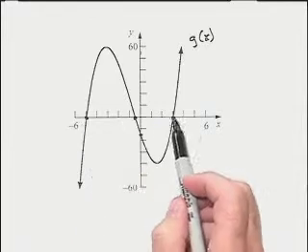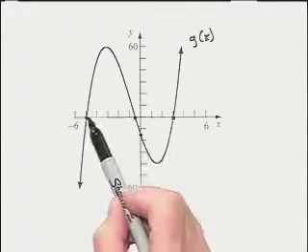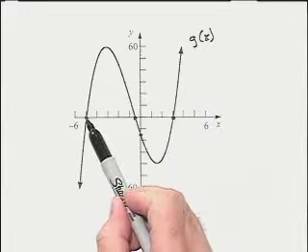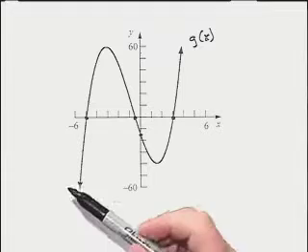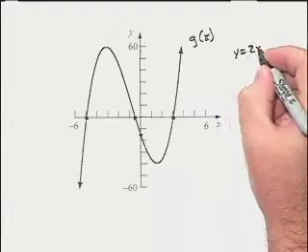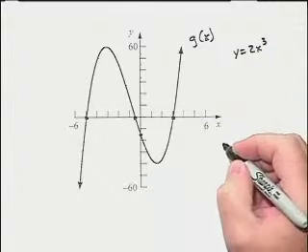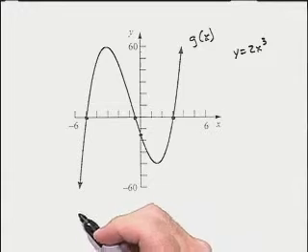Notice also that we said at each of the x-intercepts that the graph would cross the x-axis there. And we see that that's exactly what's happening. At negative 5, negative 1/2, and 3, the graph crosses the x-axis. For our power function, we said that g of x would look like the graph of y equals 2x cubed for large values of the absolute value of x.